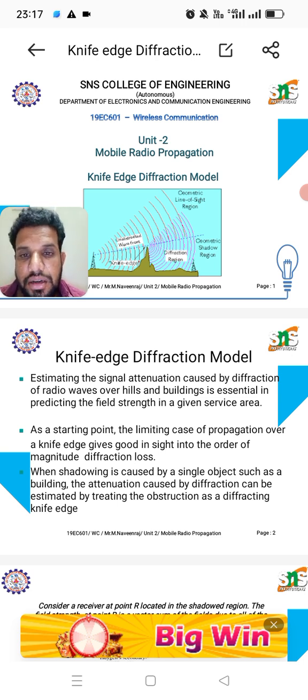So whatever obstacle is placed in between the radio waves will be treated as a diffracting knife edge.